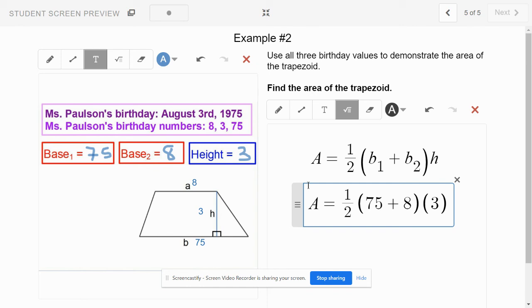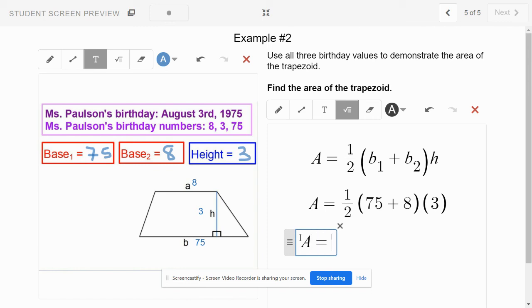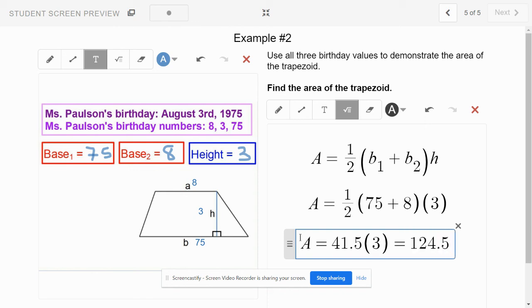And I get 41.5. So to show one more step of work, A equals 41.5 times 3. And we get an area of 124.5.